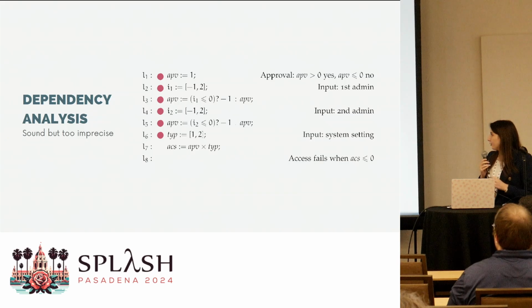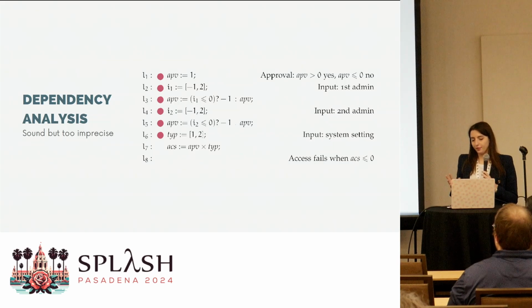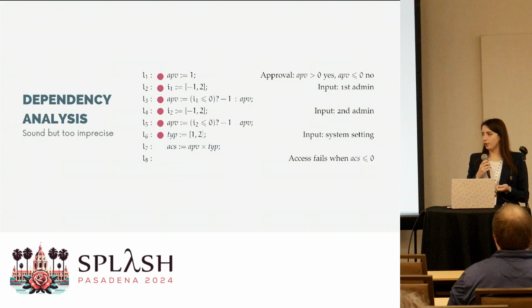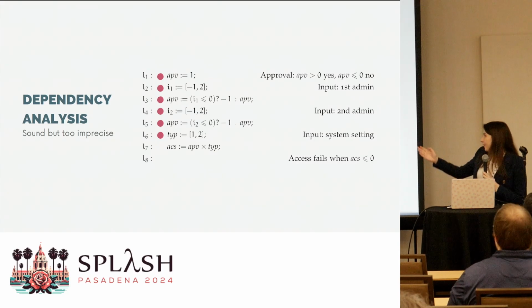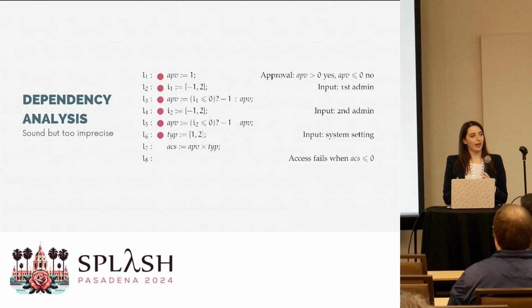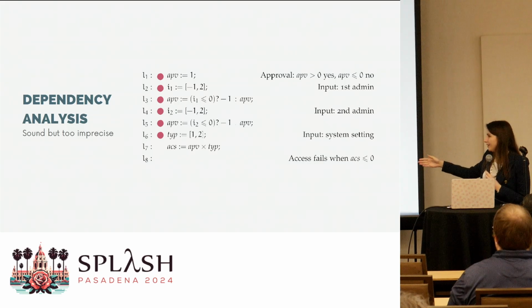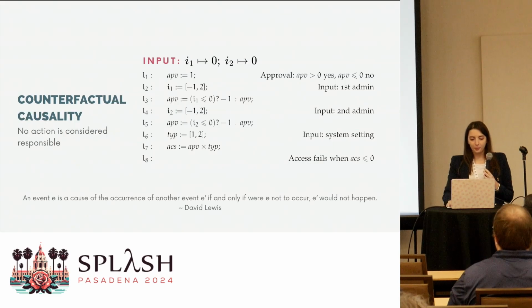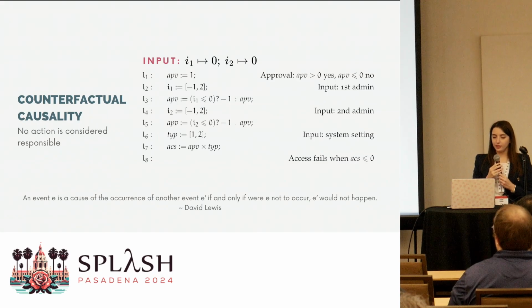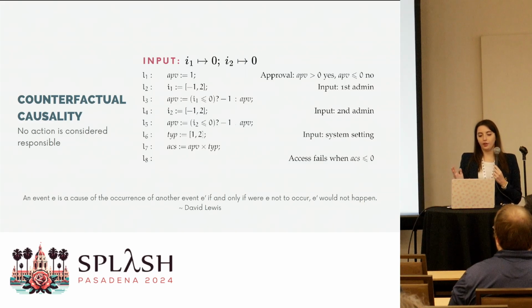The first method from the state of the art that is used to understand who is a responsible entity is dependency analysis. But as you can see, this method fails in determining who is the responsible entity, since all the program is considered responsible. The other methodology is counterfactual causality, which is based on the following principle.